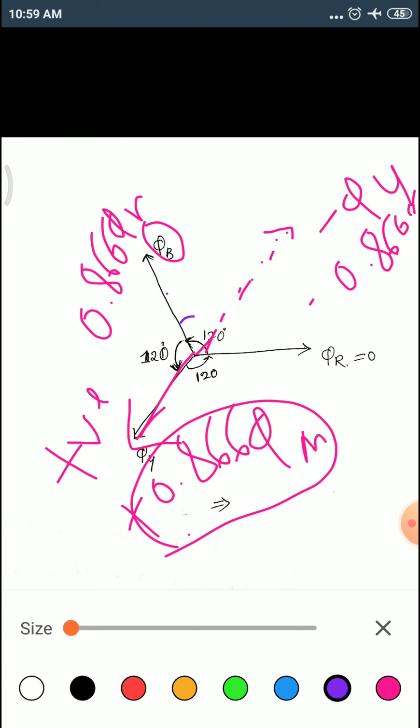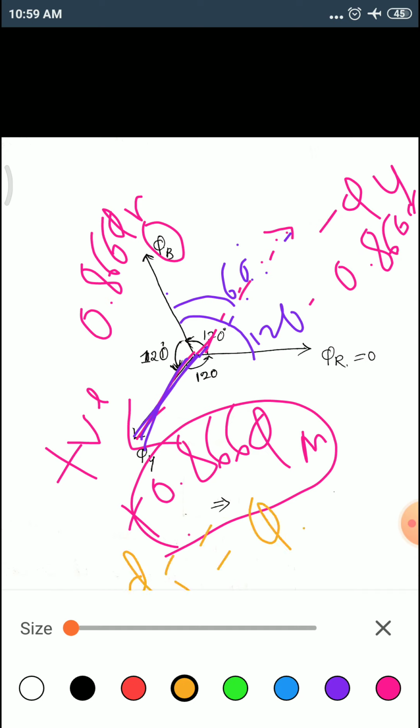Observe, from the total this one is 120 degrees. This line bisects it, therefore this angle will be 60 degrees. And now what we are going to take is the addition: phi t will be equal to phi b minus phi y.